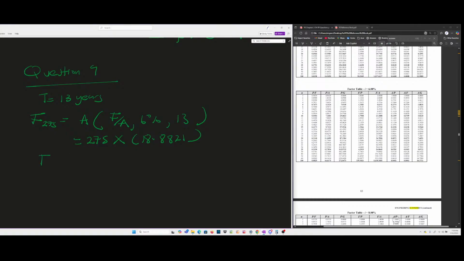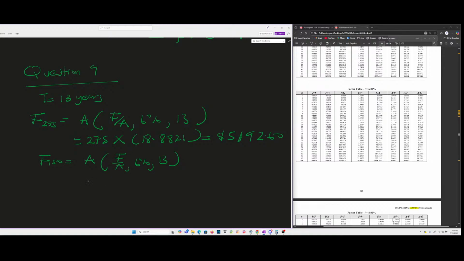So we're doing the maintenance for the first period. When we solve for this, it gives us 5,192.60.